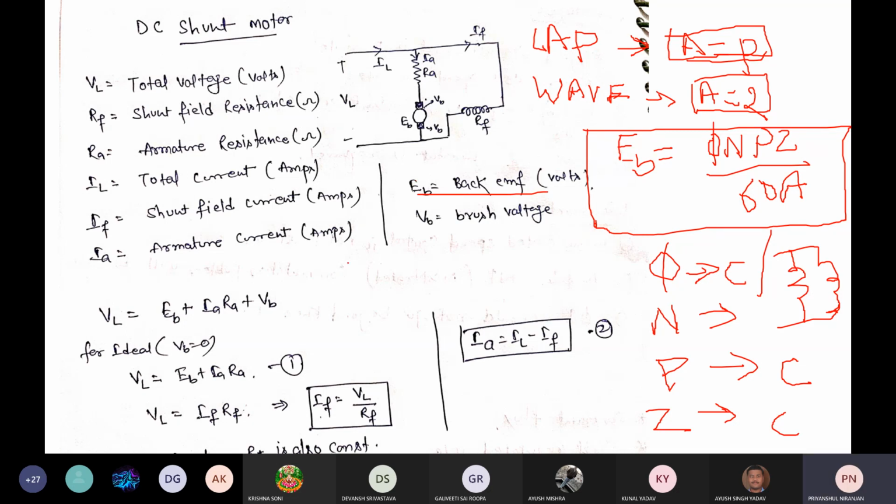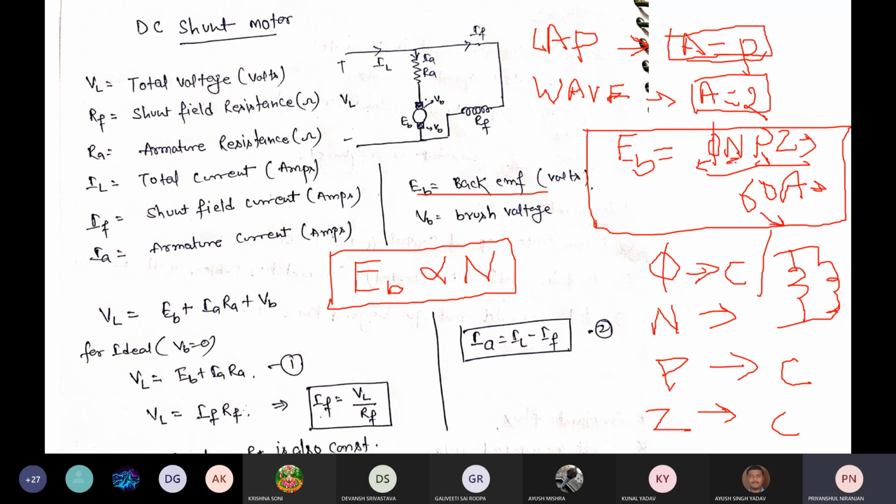Okay, so here I have to finalize the proportionality. It is only dependent on the speed in a DC shunt motor. The other parts are fixed. So EB is always proportional to N only. Actually flux is constant, P is constant, Z is constant, A is constant, 60 is constant.